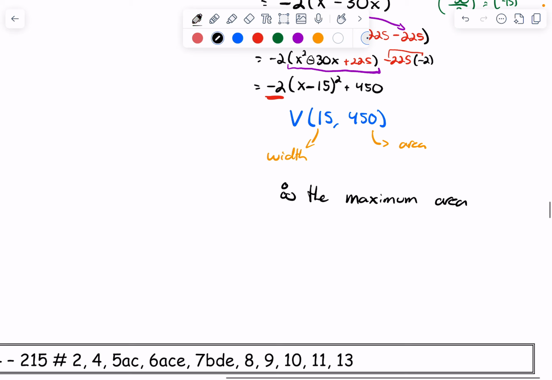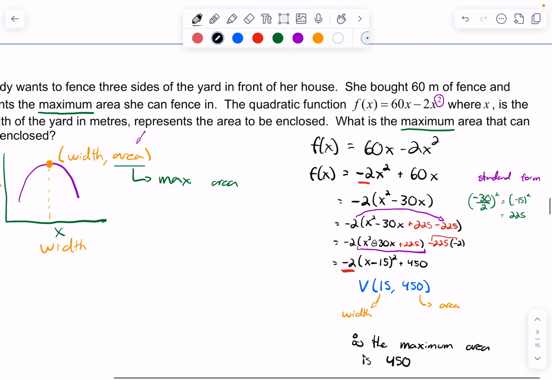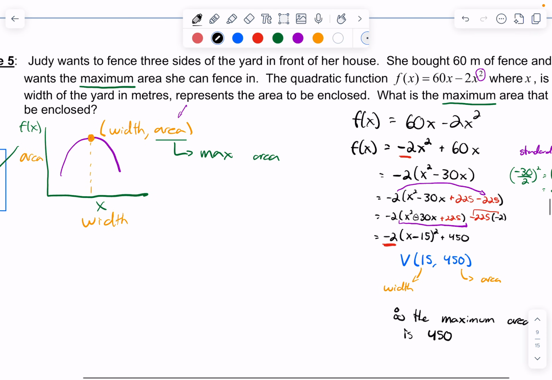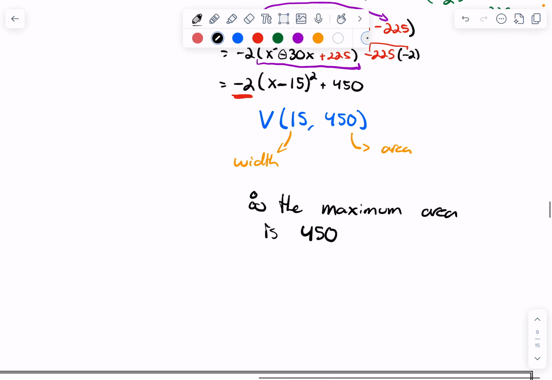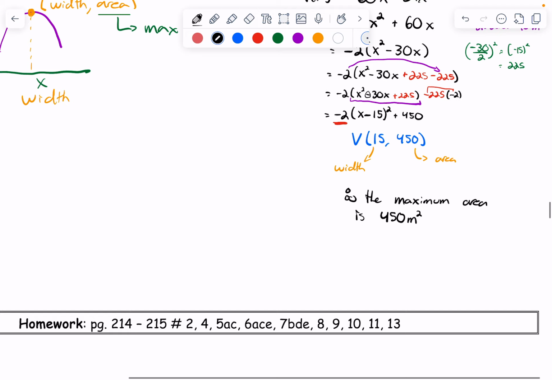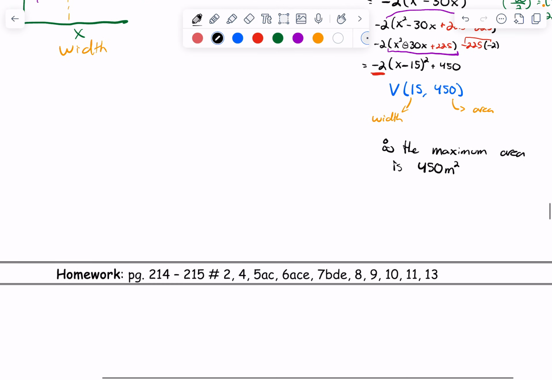So the maximum area is 450, and what units are we in? Width of the yard in meters. So this would be meters squared. So the maximum area is 450 meters squared. And there we go. So there is our work that we're going to do in class today, or tomorrow.